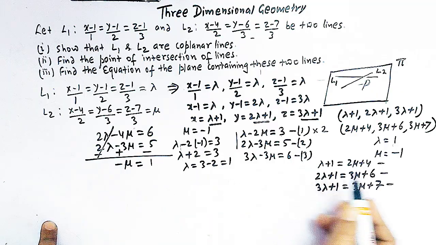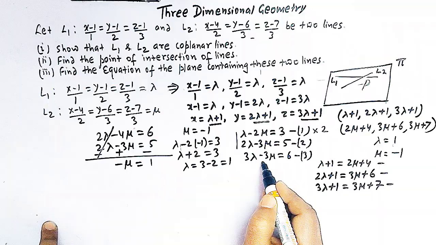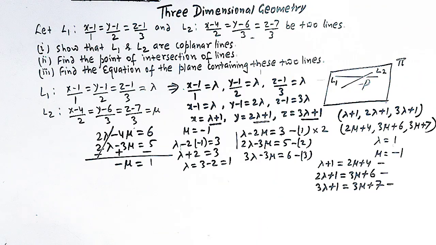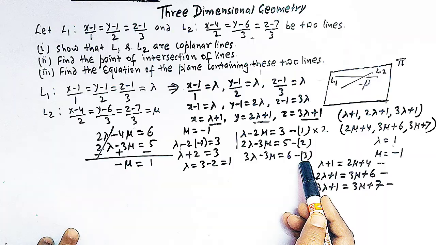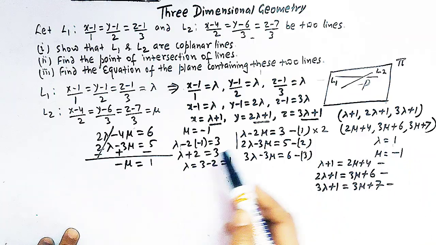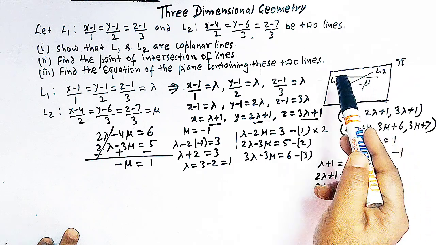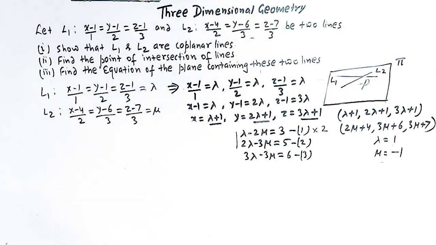Okay, now let us substitute the values of lambda and mu in equation number 3. If equation 3 is satisfied by these two values, then we can claim that this point P is the point of intersection of the two lines L1 and L2.